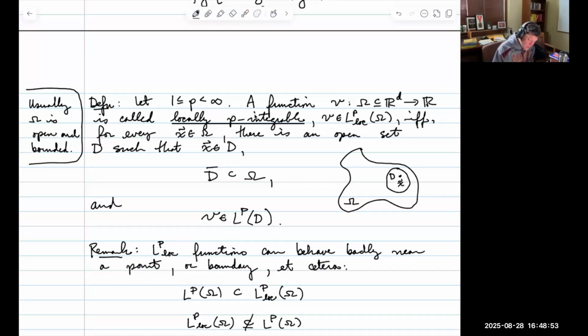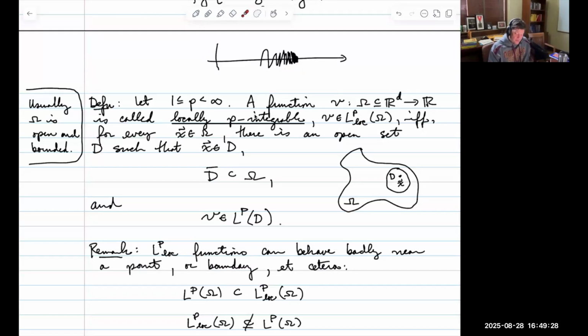So, for example, here's a function which would be L^1 loc or whatever. Suppose that near the boundary, it starts to wiggle a lot. But suppose that if I zoom in on any point, if I zoom in enough, it just looks like a sine wave. So a sine wave is a perfectly nice function, but what I'm requiring of this function is that it wiggles more and more as I get to this boundary point.